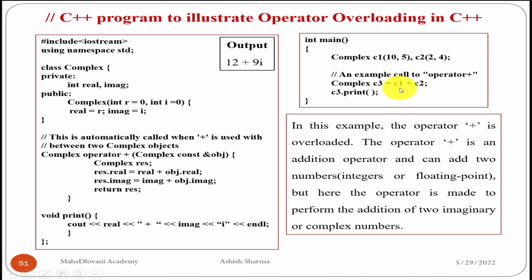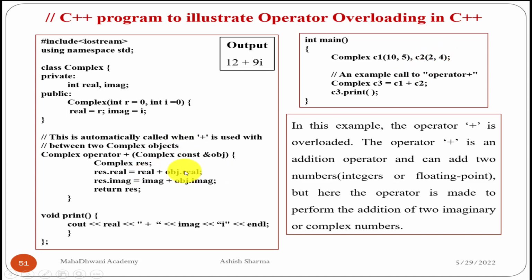C3, by adding two complex numbers C1 and C2. Whenever our program receives the addition operation with two objects C1 and C2, it will directly jump to the operator overloading part, and then whatever the value for C1 will be receiving here, for C1 the real part is 10 and C2 real part is 2.